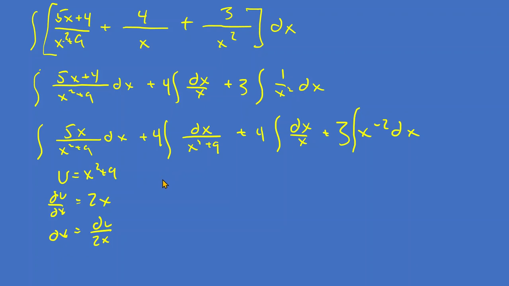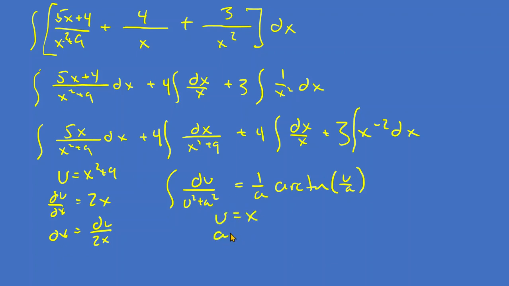And so the formula for arctangent is, if we have the integral of du over u squared plus a squared, then that is going to be equal to 1 over a times the arctan of u over a. And in this particular case, u is simply equal to x, and a is going to be equal to 3.